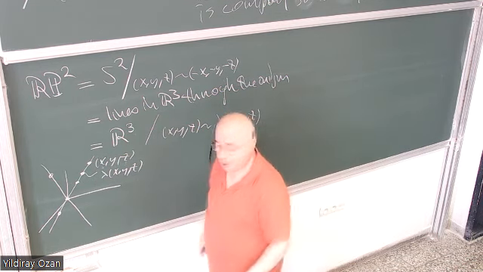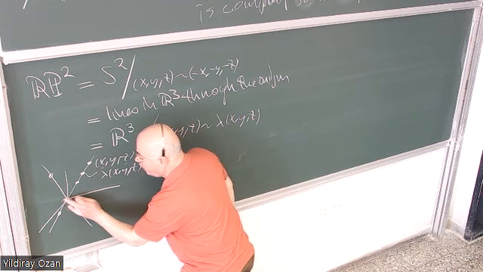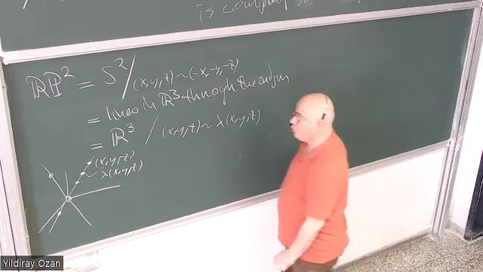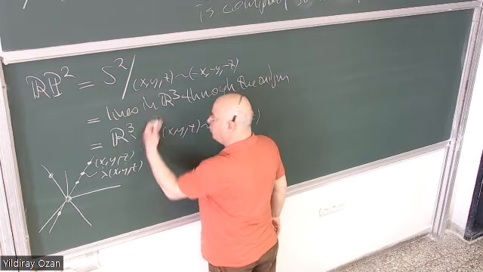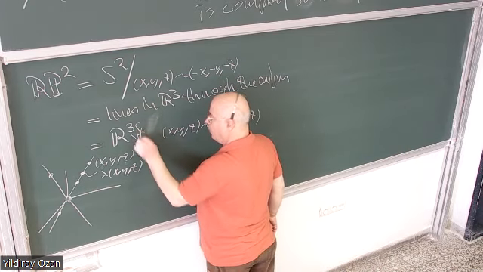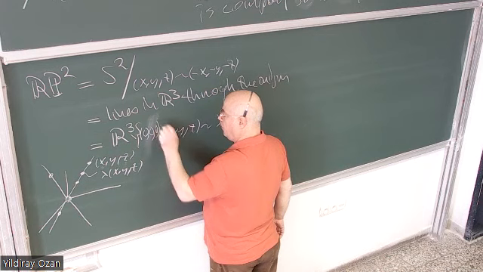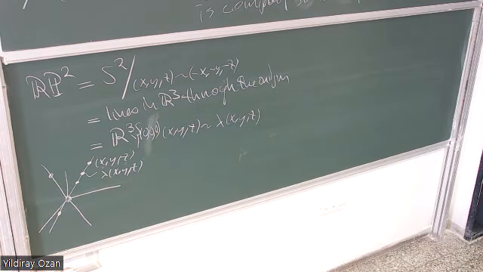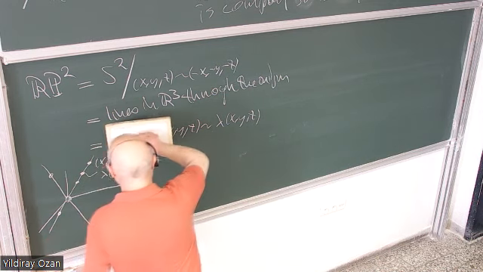So one has to be careful. What is that? You have to delete the origin, okay? So what you do, you just subtract the origin. Subtract the origin, keep the origin out.